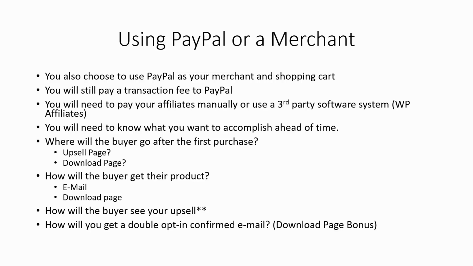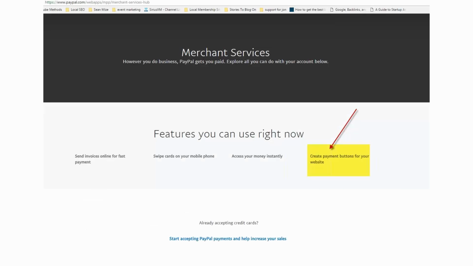And you're also going to get them single opt-in confirmed, but we're going to want to work a little harder to get that double opt-in. So let's talk about first how we're going to map this out.